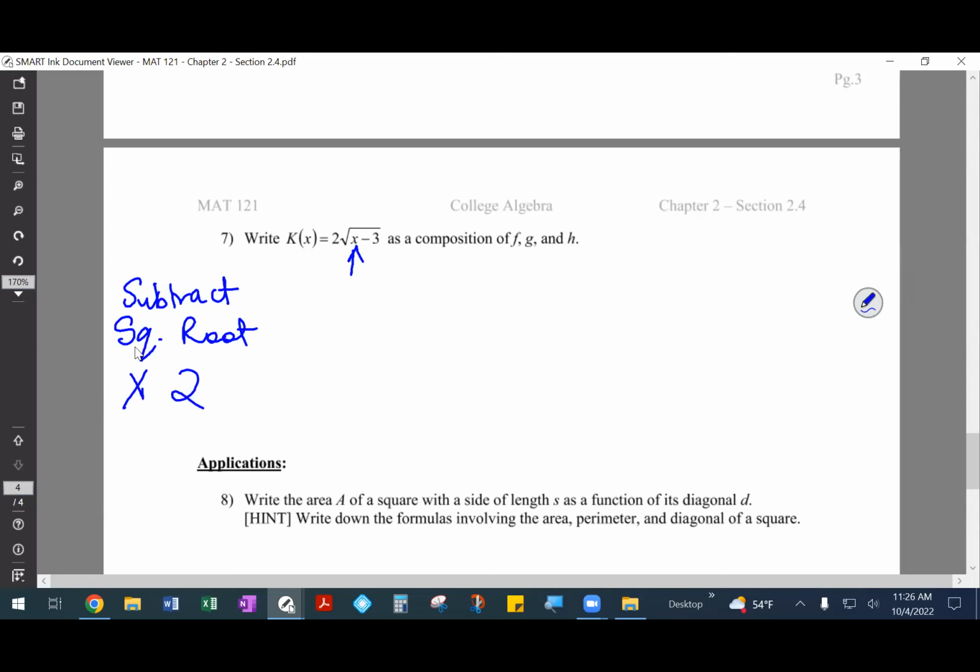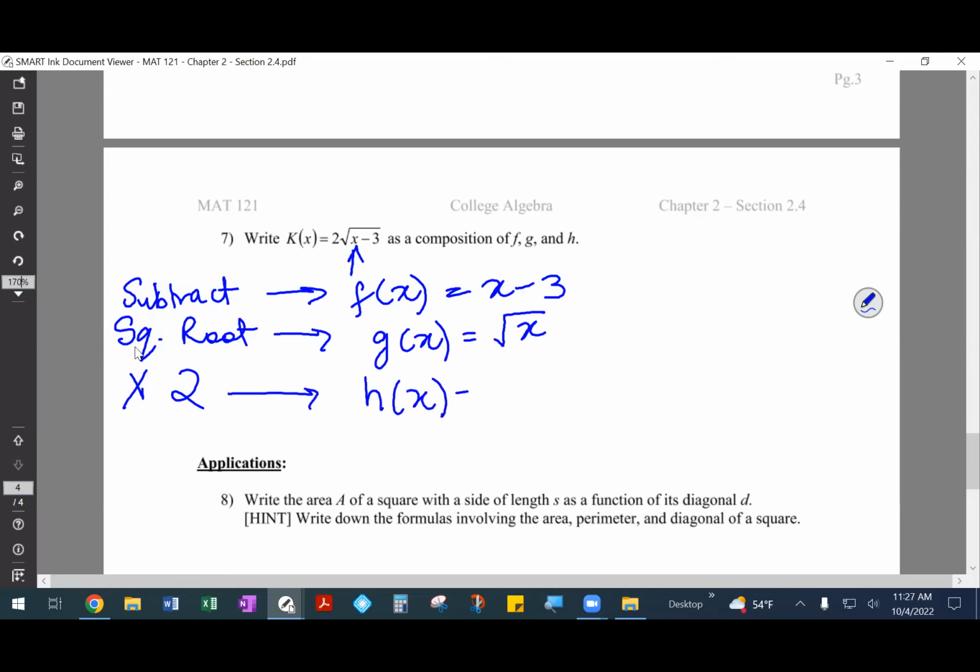So we would do, just kind of going in the order, f of x as our subtraction function, so that would be the x minus 3. Then you are doing the square root, we'll call that g of x, and that would be just square root of x. And then our last one is where you multiply by 2, and we'll call that the h of x, and that will be you're multiplying something by 2, so 2 times x.